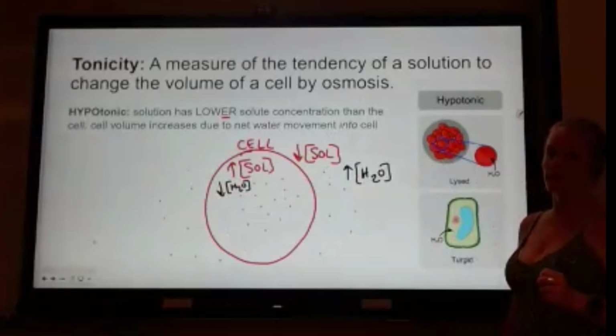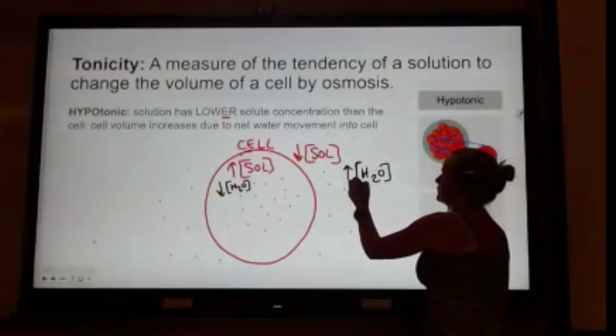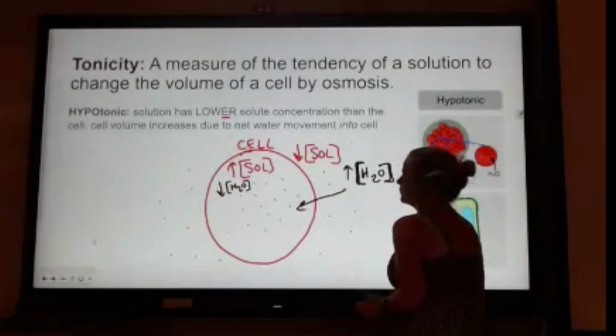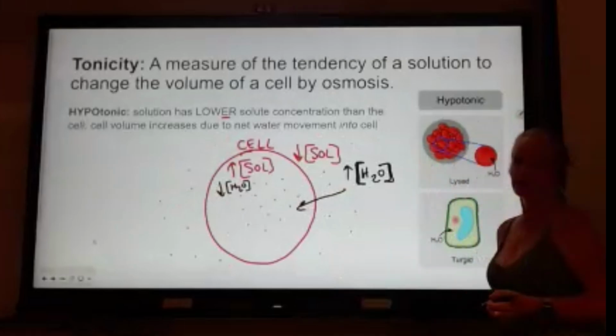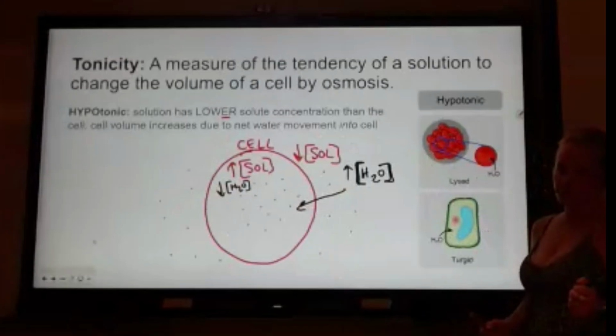So which way are the water molecules going to go? The water molecules are going to move from an area of high concentration of water molecules to a low one. We're going to see a net movement of water molecules into the cell to get the concentration of water equal.